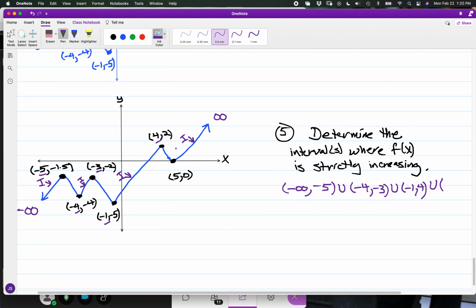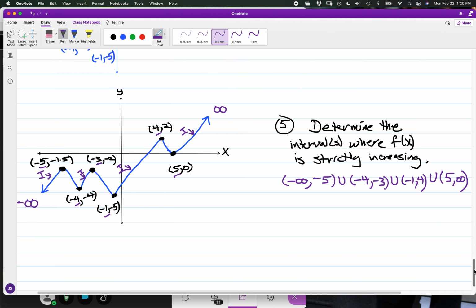We have also, in terms of increase, going past 5 and approaching infinity. All right, so we have increase here, here. Okay, and also between -1 and 4, and also for values of x that will be greater than 5.